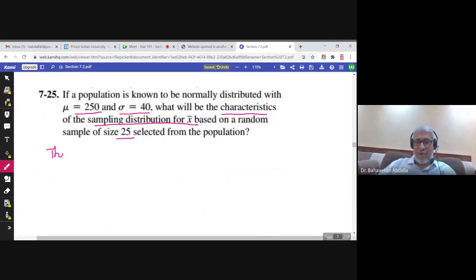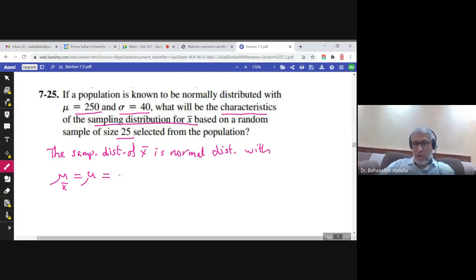Well, you can say that the sampling distribution of X bar is a normal distribution with mu X bar equal to mu, which is 250, the population mean, and sigma X bar, the standard deviation of the sampling distribution of X bar.